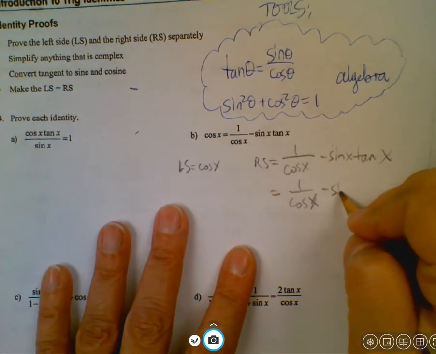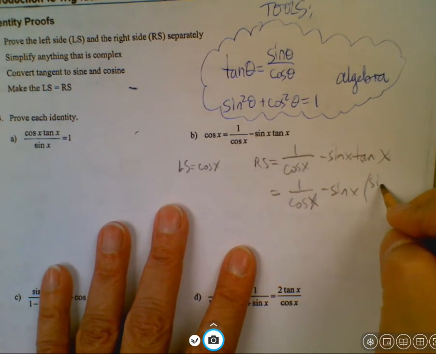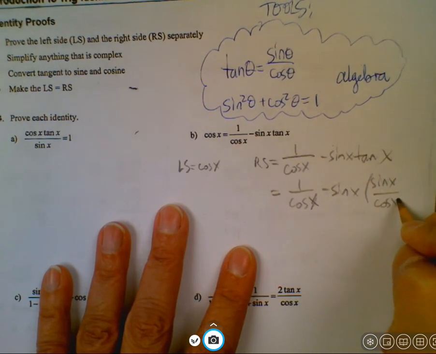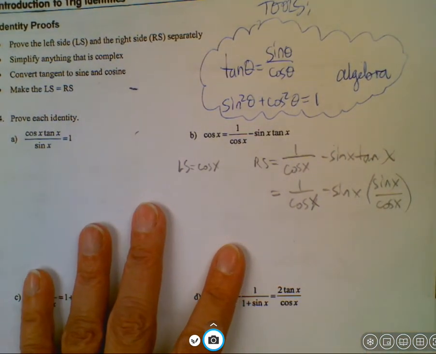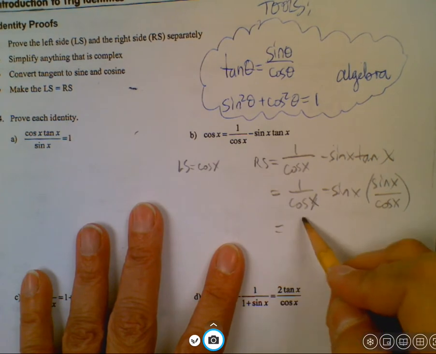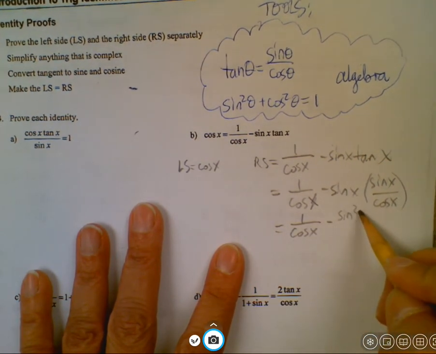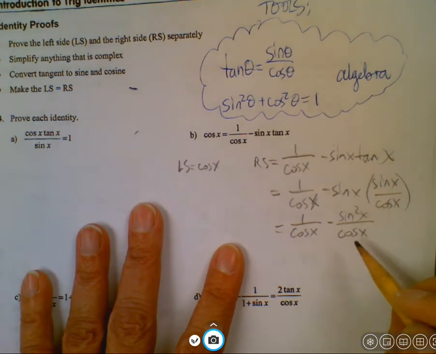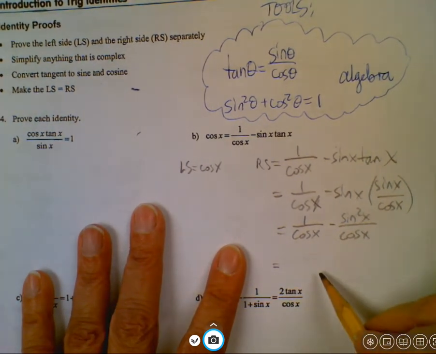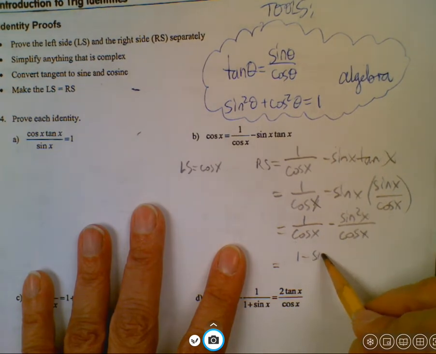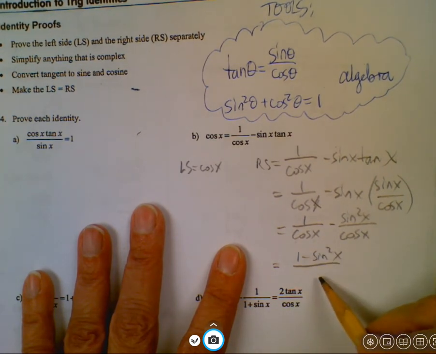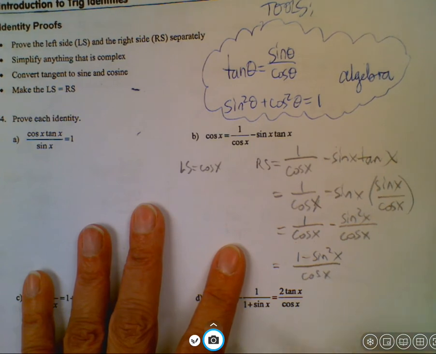So I have minus sine x times sine x over cos x. All right, and now it's algebra, so I'm going to put these two fractions together. So this is sine squared x over cos x, and this one's going to be the common denominator now, so I can put the two numerators together, and I get this.